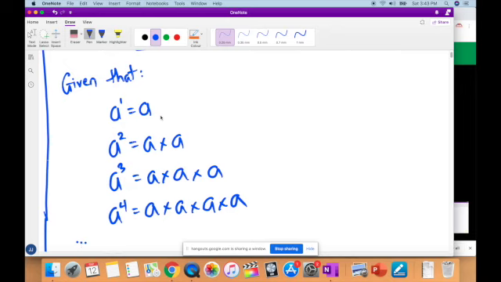Given that a to the 1 is a, and a squared is a times a, and a cubed is a times a times a, and a to the 4 is a times a times a times a, and it just keeps going, prove that any number to the power of 0 is what?